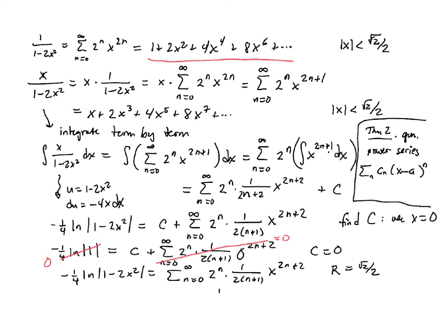So we have something of the form summation over n, cn, x minus a, quantity to the n, and that talks about the integration and differentiation patterns that we see for that. And if you like, inside the textbook, there are a number of examples of computations like this that you should look at before we meet in class. And of course I will do at least one example like this in class before we start working in groups. So this is the end of the lecture on section 11.9.